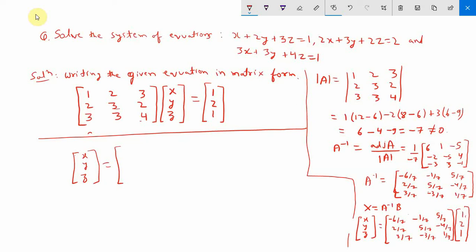So it will become minus 6 by 7, minus 2 by 7, plus 5 by 7. Okay. Each row will have one element only. Second row will be 2 by 7, plus 5 by 7 into 2, 10 by 7, minus 4 by 7.